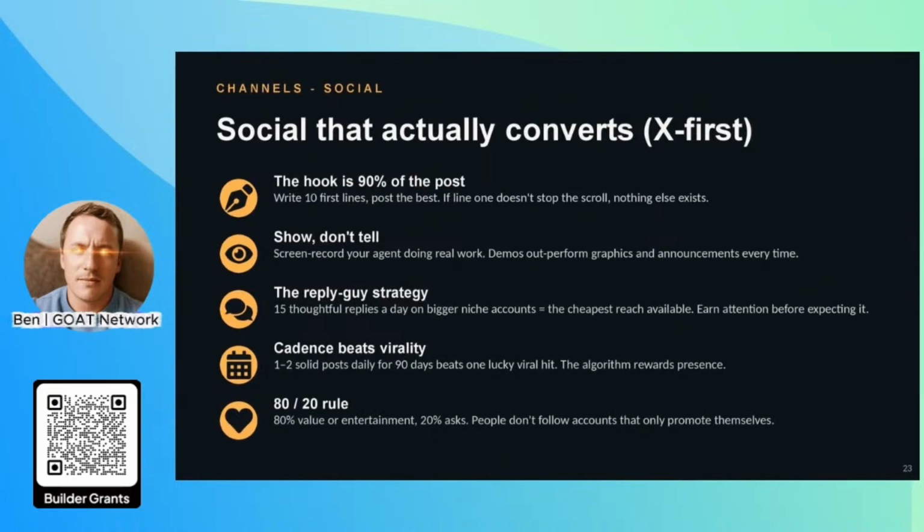Next point: cadence beats virality. One or two solid posts daily for a month, two months, or three months beats trying to get one lucky viral hit. You can do that too if you have the time. But what the algorithm really rewards is showing up and a really regular presence. It also builds trust with your audience that you're around and showing up daily.